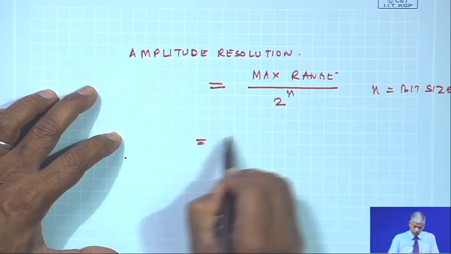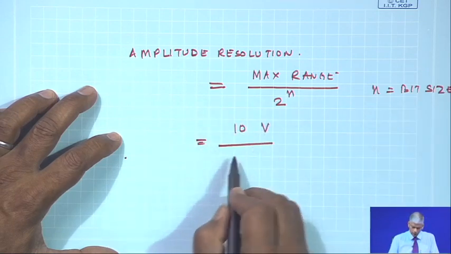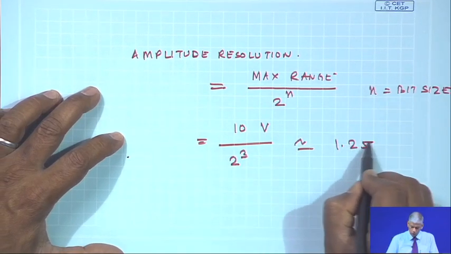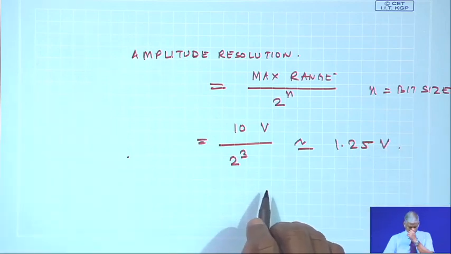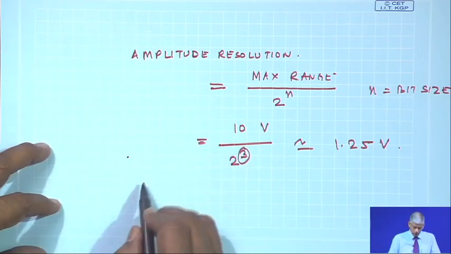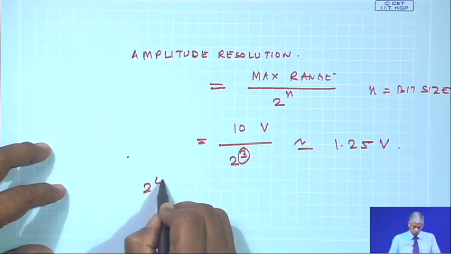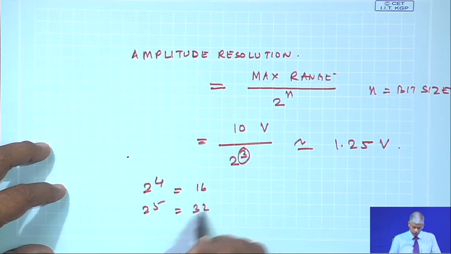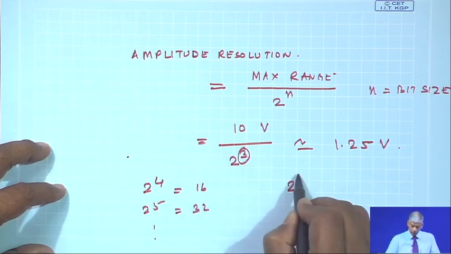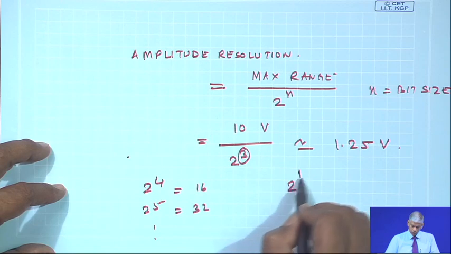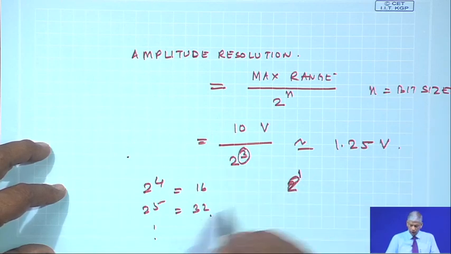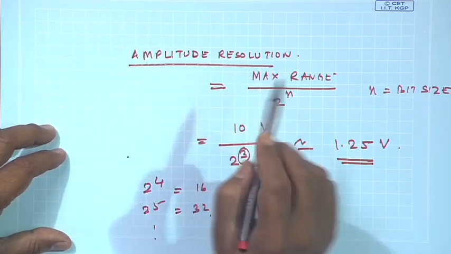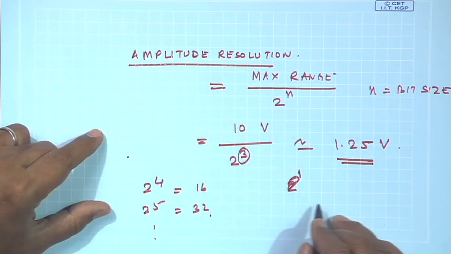If the maximum range was 10 volts, for 3 bits we saw this as 1.25 volt. Okay. If I increase the bit size, 2 to the power 4 is 16, 2 to the power 5 is 32 and so on. With increasing bit size, the denominator increases, so this will reduce. So, one way to improve the amplitude resolution is to reduce the quantization error.